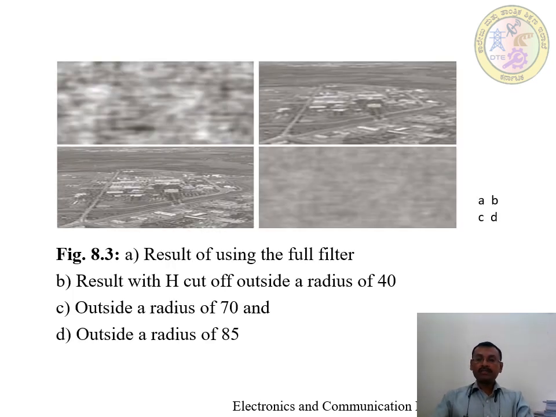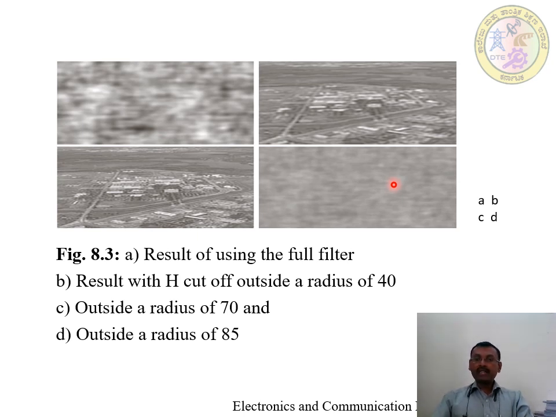Here we can see figure 8.3a, which is the result using a full filter, and figure 8.3b, which is the result with H cutoff outside a radius of 40, figure 8.3c with a radius of 70, and figure 8.3d outside a radius of 85.